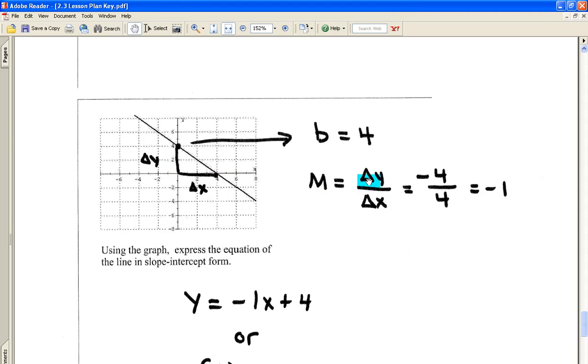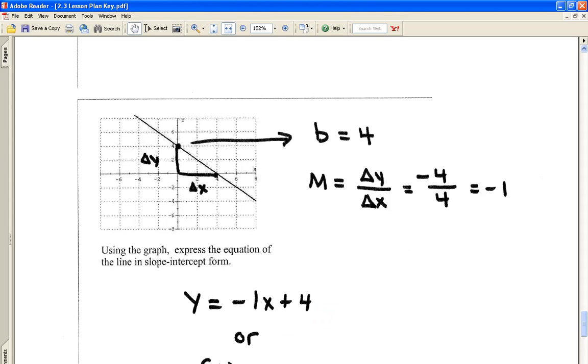You with me? Slope is always change in y over change in x. Because we went down 4, the change in y is negative 4. Because on the x-axis we went to the right 4, the change in x is a positive 4. Negative 4 divided by 4 is a negative 1. When I go to the formula y equals mx plus b and I fill in, y is equal to negative 1x plus 4.